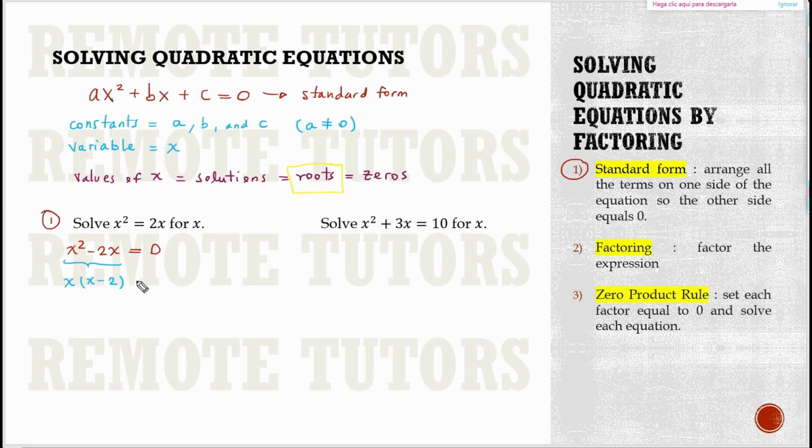So x times x minus 2 gives 0. And at last we have to apply the zero product rule. Set each factor equal to 0 and solve each equation. So either x is 0 or x minus 2 gives 0. So the two possible values of variable x are either 0 or positive 2.